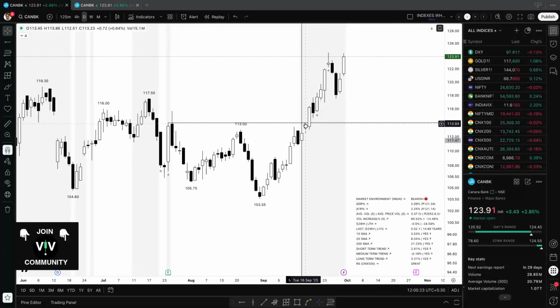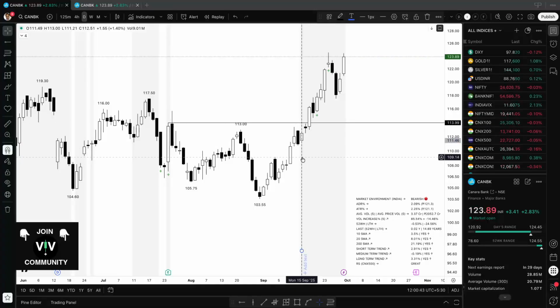So you will see that once it broke out of this zone, the weekly trend was already positive from this day, 15 September, and on daily it gave a breakout, the stock breakout also.